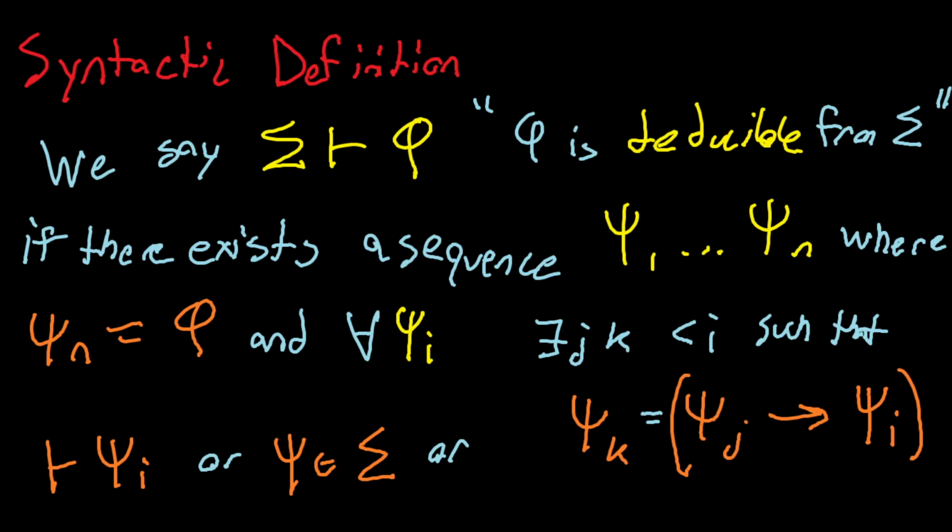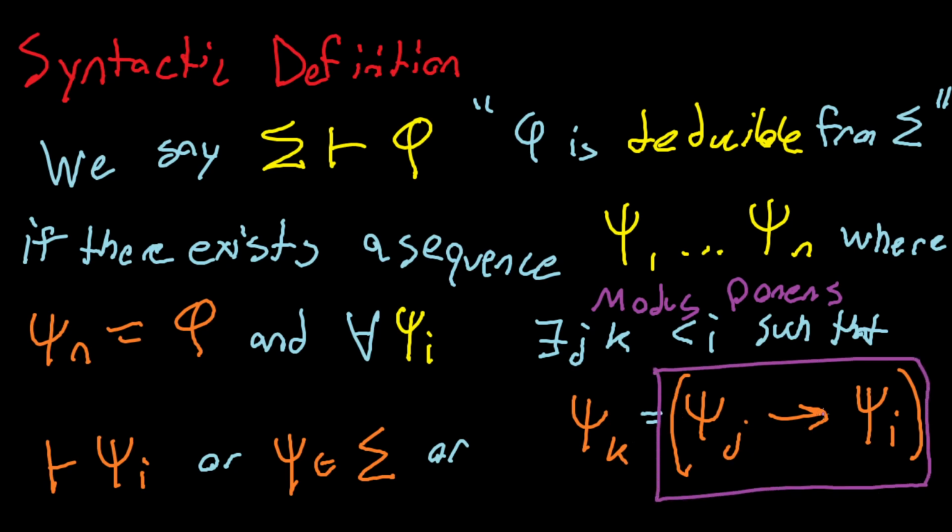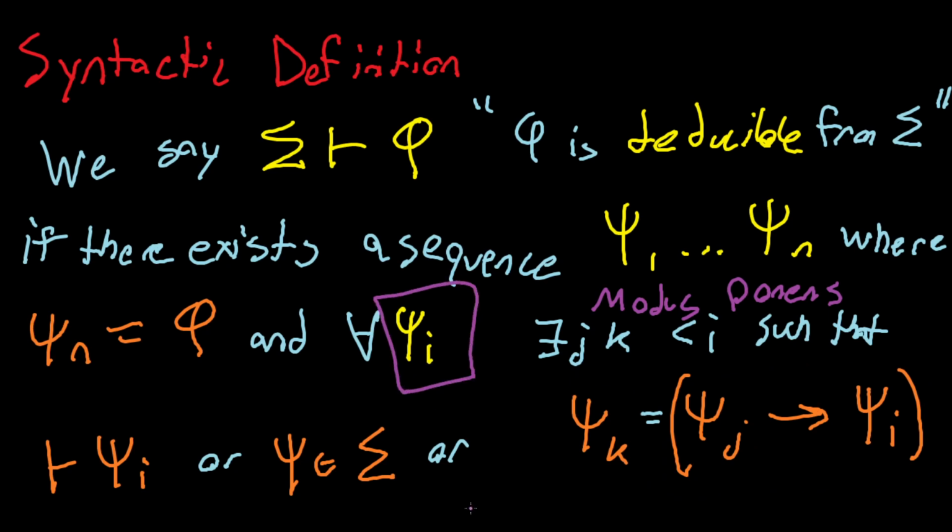Okay, so what will this actually look like? Well, first of all, before anything else, this is Modus Ponens, right? Given that I know psi j is true, and I know that psi j implies psi i is true, I'm allowed to write down psi i in my proof.